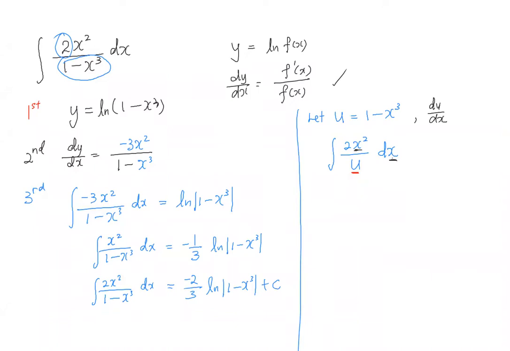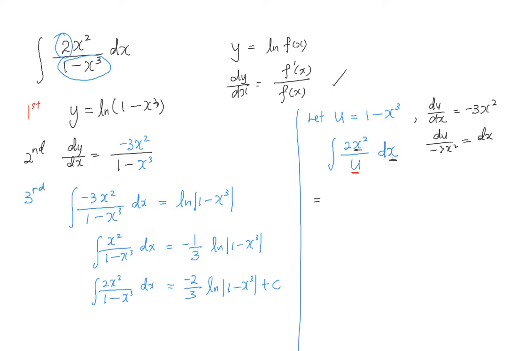That is negative 3x squared. Right? So now how to substitute dx with du? If I say du over negative 3x squared is equal to dx, can or not?